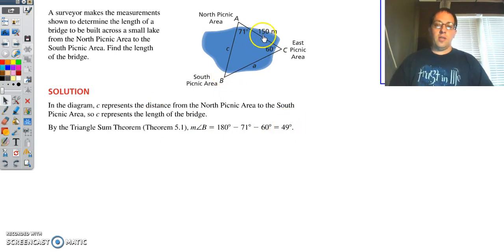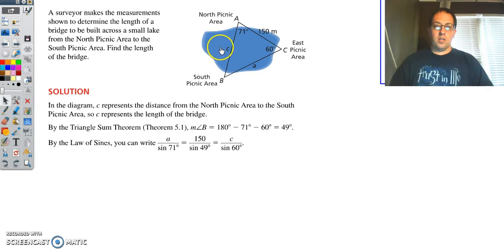Now we have angle B and side B, so we can set up our proportion here. Now we're just interested in side C from point A to point B, so we can ignore this right here. And we're just going to do sine of C and side C. So we're just going to do that one.